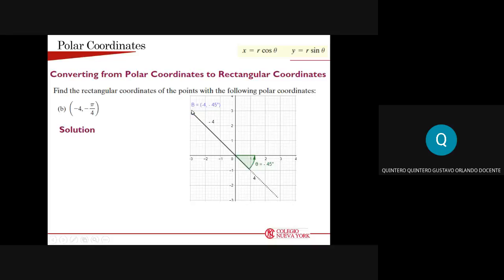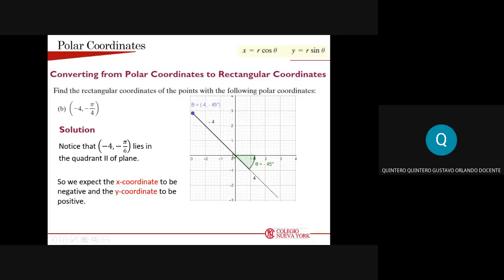This is how to plot points. We know this, right? From here, given that the point is in quadrant 2, remember, quadrant 1, 2, 3, and 4, we expect the x coordinate to be negative, something like negative 2 point something, because it's around here, right? Close to negative 3.